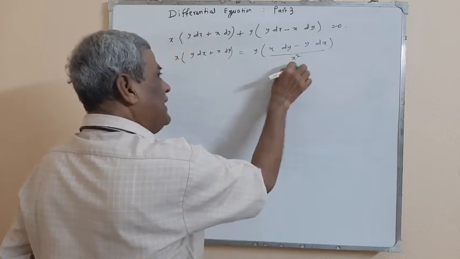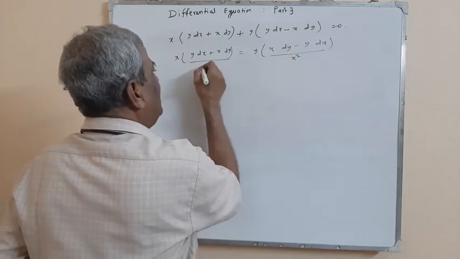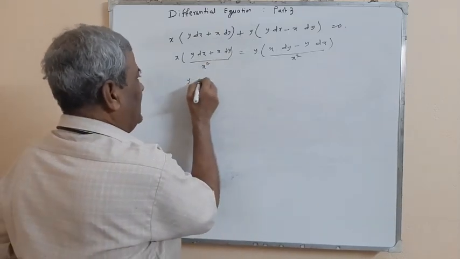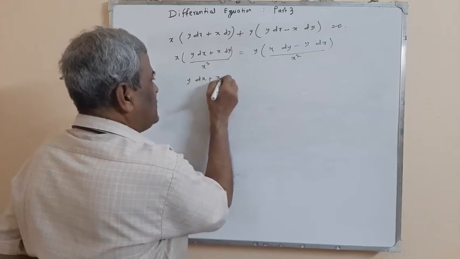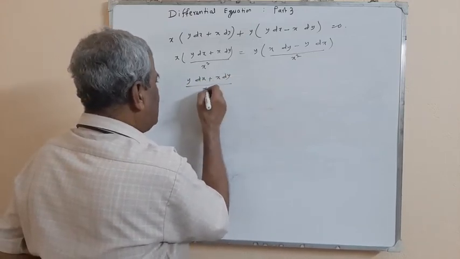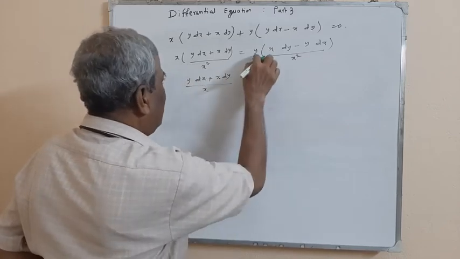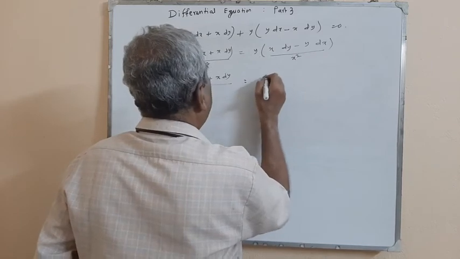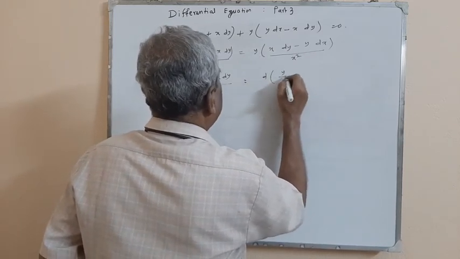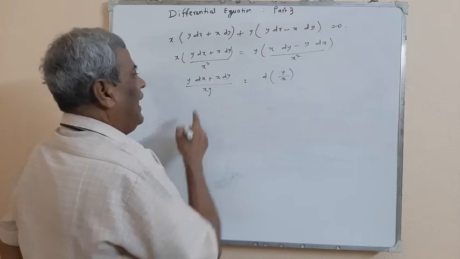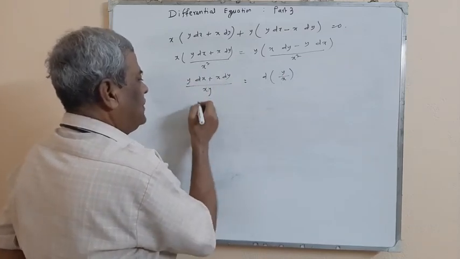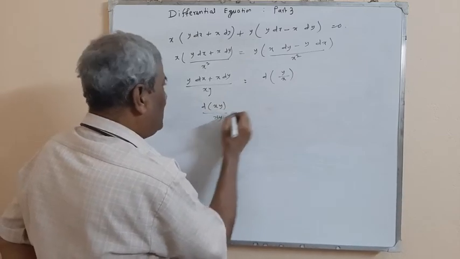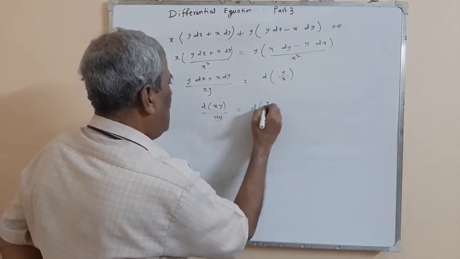We must divide it by x square, so that we get y dx plus x dy by x, together x y, and y also is there, is equal to d of y by x. And this one is d of xy by xy is equal to d of y by x.